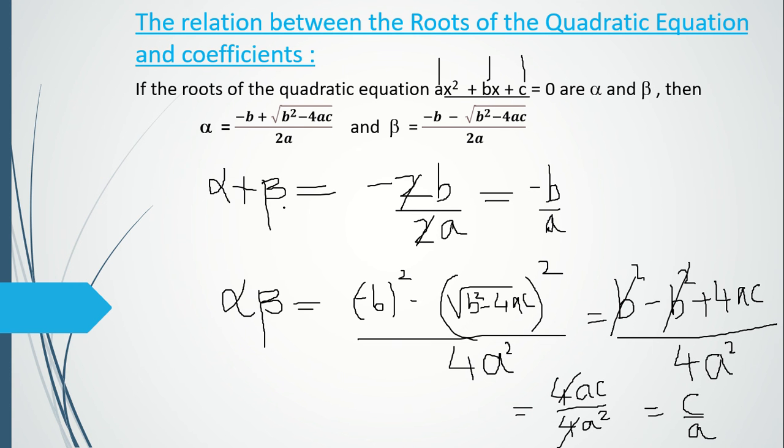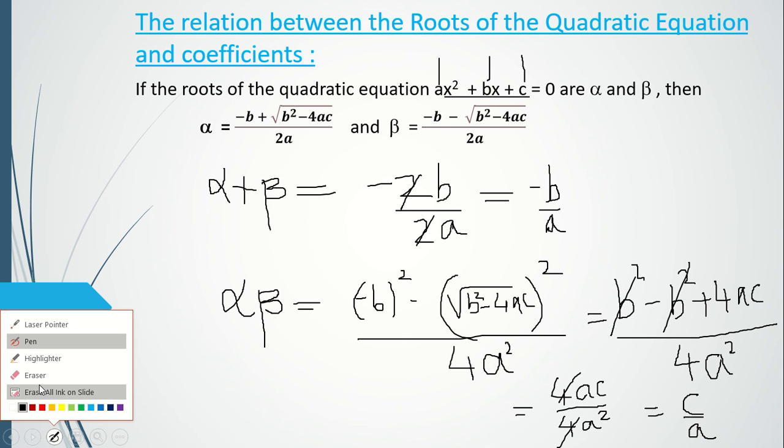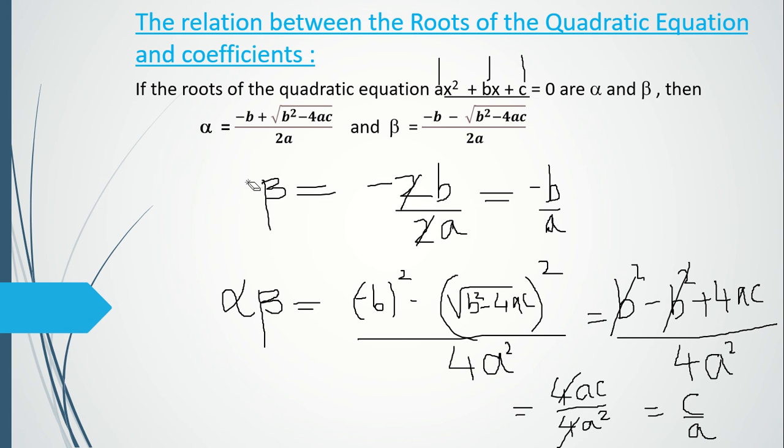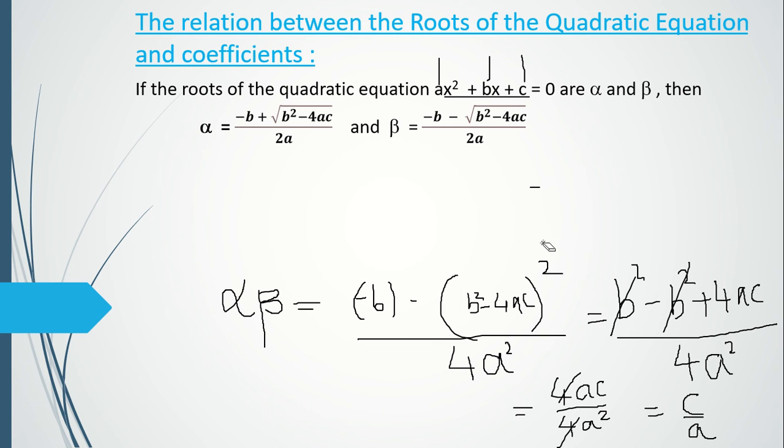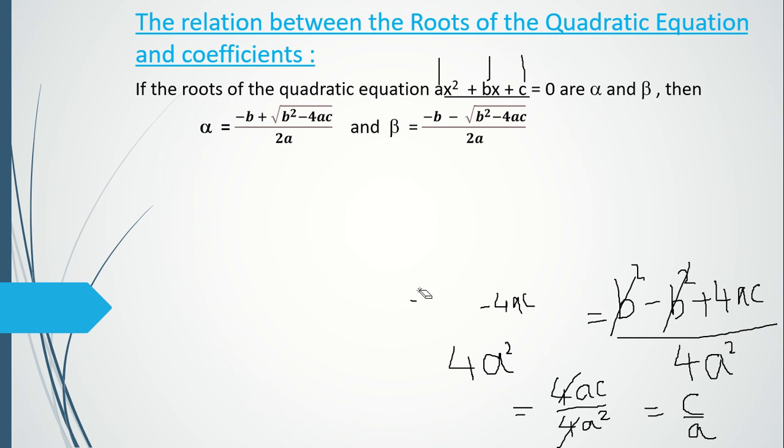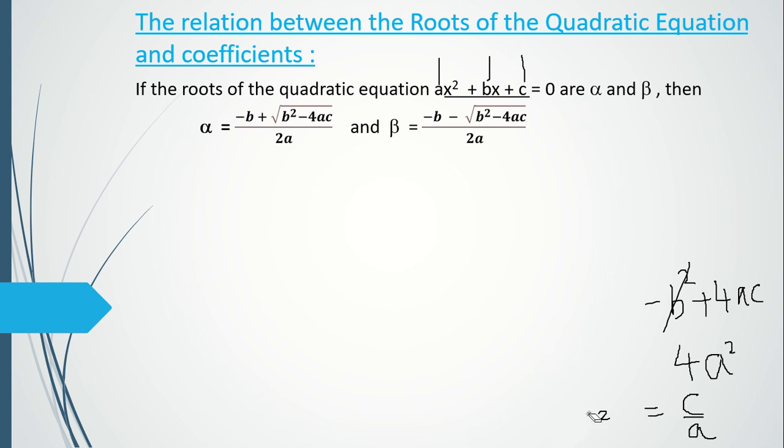Okay, so the sum of the roots is equal to minus b upon a, and the product of the roots is equal to c upon a. These two also are very important formulae. You'll be solving a lot of problems based on these two. It is important to know how to derive the formula.